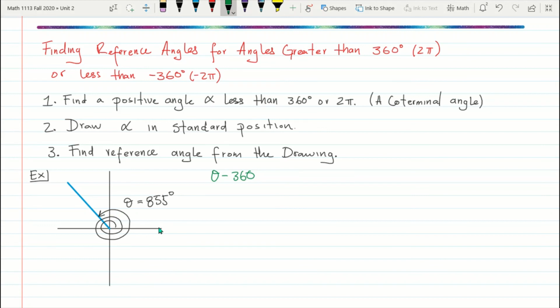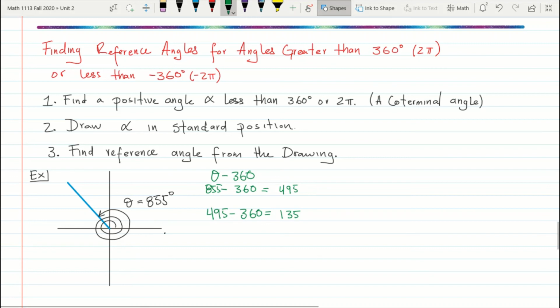So 855 minus 360 equals 495, and 495 is still larger than 360, so we're going to subtract another 360 away from it. 495 minus 360 is 135.